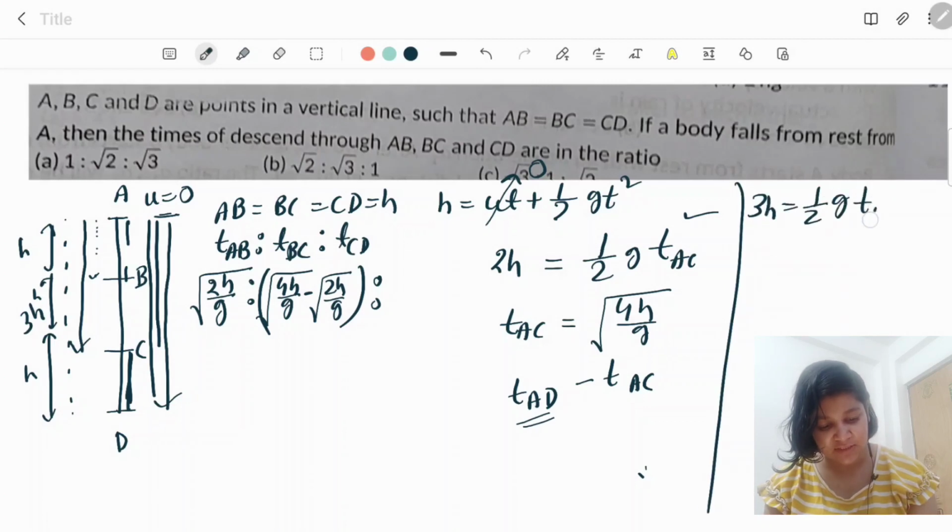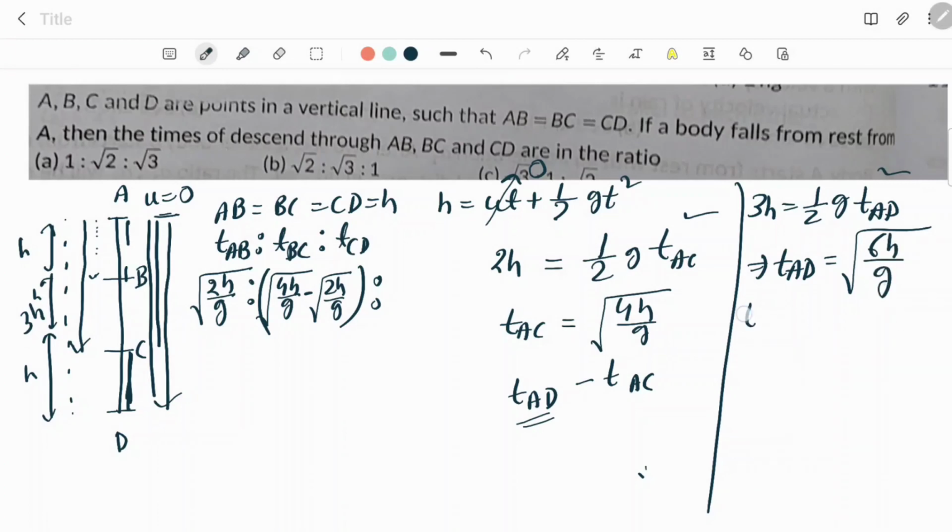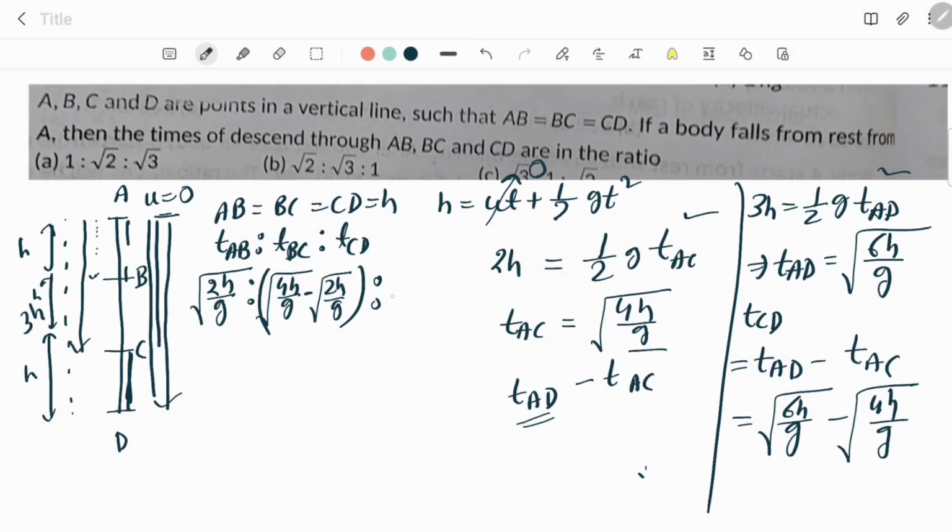So 3h is half g t AD square. So t AD becomes root over 6h by g. So we get t CD by subtracting t AC from this. So this becomes root over 6h by g minus root over 4h by g.